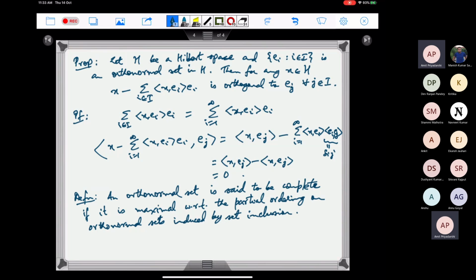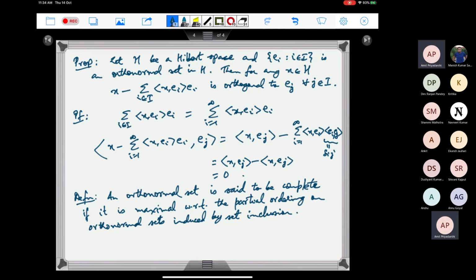If we look at the collection of all orthonormal sets and define this partial ordering, that a set S1 is less than or equal to S2 if S1 is a subset of S2, and we get any maximal element with respect to this partial ordering, then we call that a complete orthonormal set.